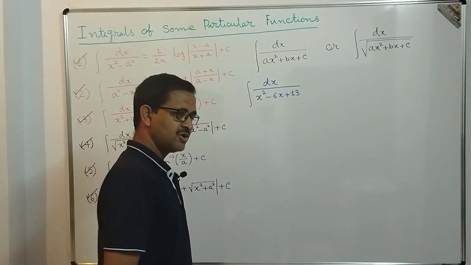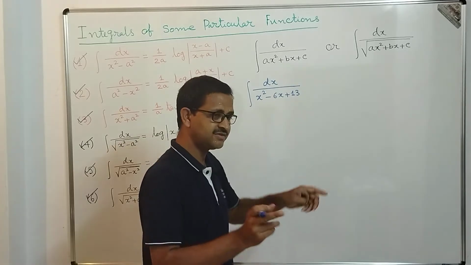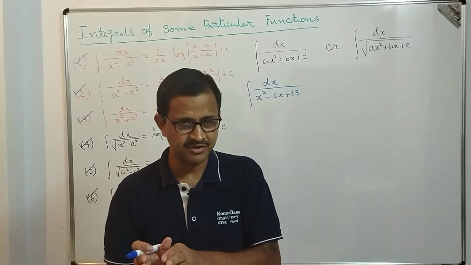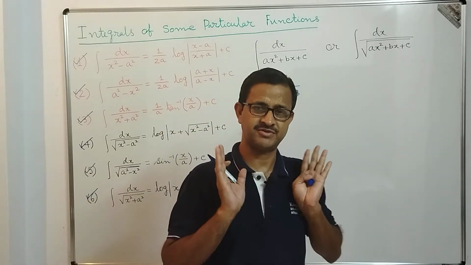So dear students, our first concentration should be only to process this x square minus 6x plus 13 in the form of x plus some constant whole square plus or minus some other constant whole square. That should be our purpose.